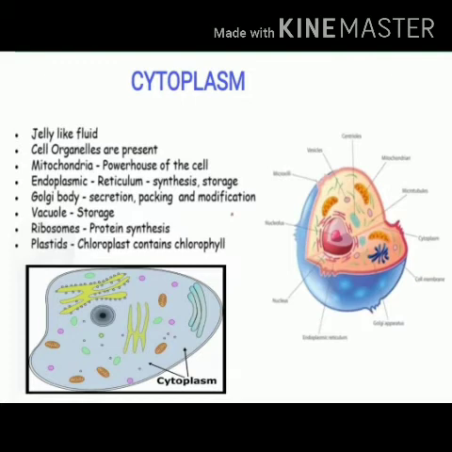Cell organelles are present in the cytoplasm and all cellular activities take place in it. And every cell organelle has its own specific function, as in the human body, every organ has its own function. In the same manner, every cell organelle has its own specific function.